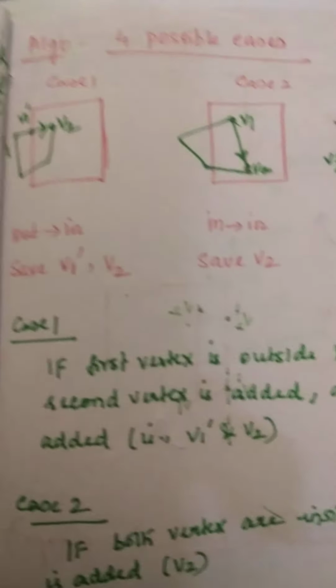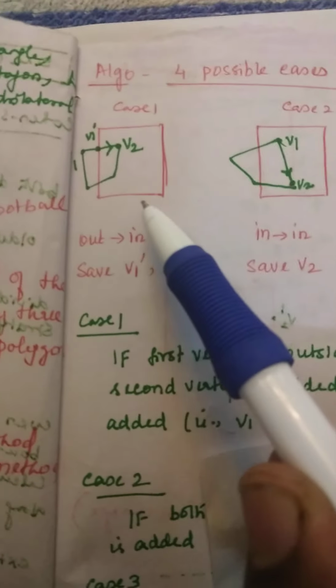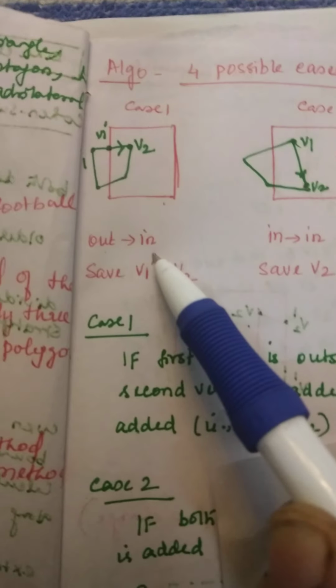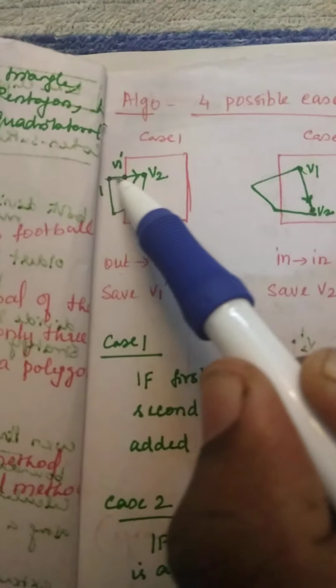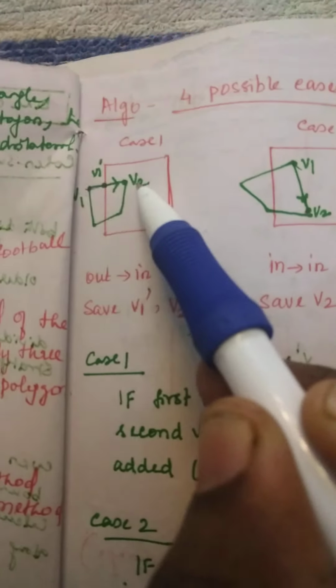This algorithm has 4 possible cases: case 1, case 2, case 3 and case 4. Case 1 is out to in. You see this line, with vertex V1 to V2.